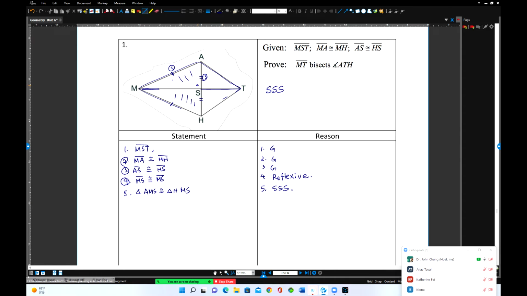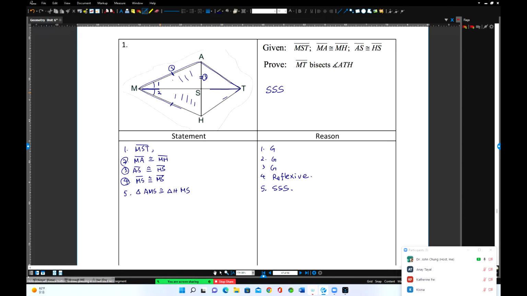This angle, the other angles are congruent. Let me see. I'm gonna go this way. A little easier, okay? You gotta go this way, okay?